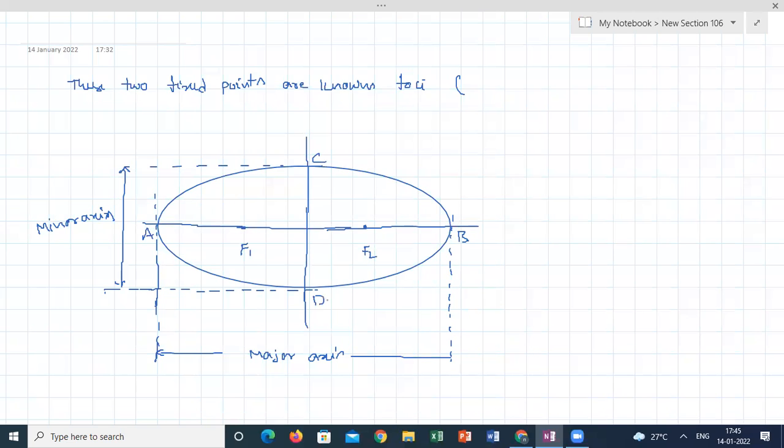Here F1 and F2 are known as foci, O is called the center of the ellipse, and A, B are known as vertices of the ellipse.